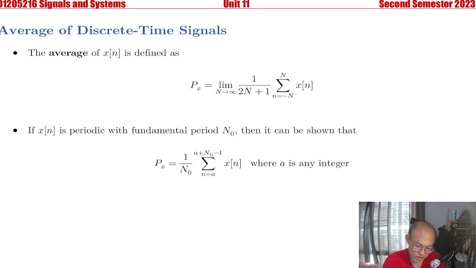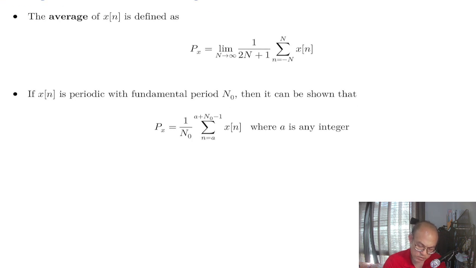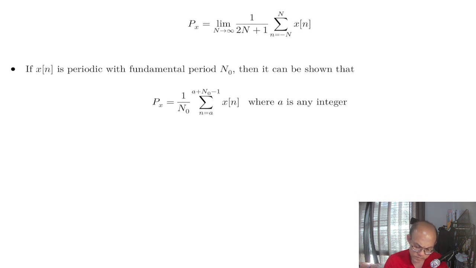The average of discrete time signals is very similar to power. In power, you find the energy in one period divided by the period, right? But for average, you just add the values of the samples in one period and divide that summation by the period. So this is A, not P, sorry.